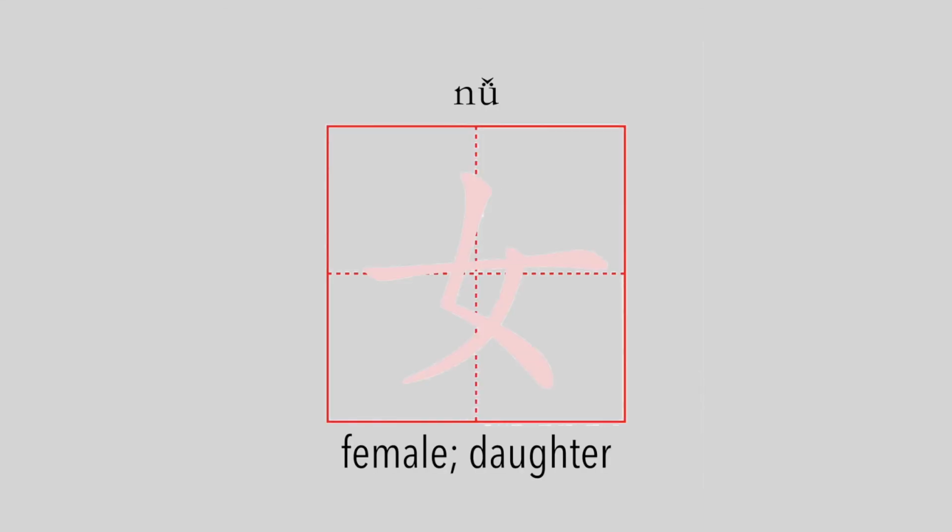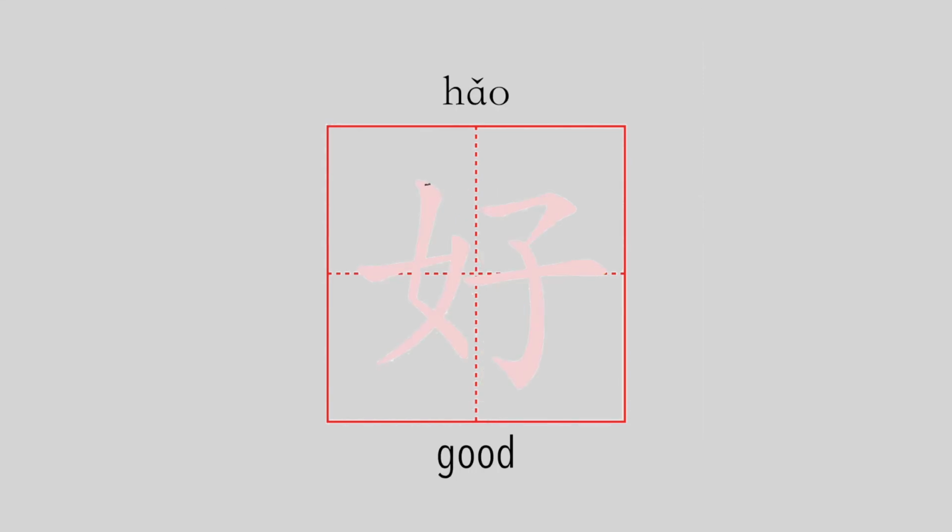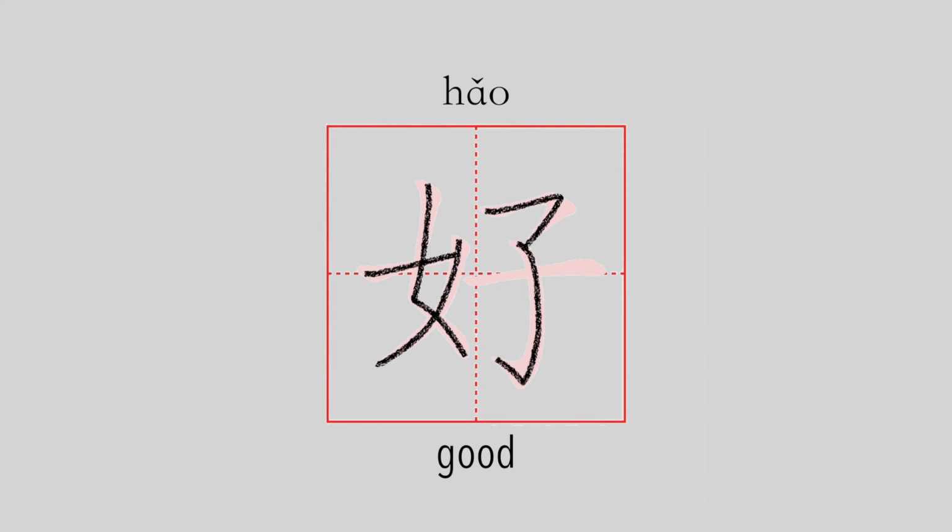Let's write them one by one. 女: 撇点, 撇, 横. 子: 横钩, 弯钩, 横. 好: 撇点, 撇, 横, 横钩, 弯钩, 横. Please note that when 女 appears on the left side of a character as a component, this stroke 横 should be written shorter.